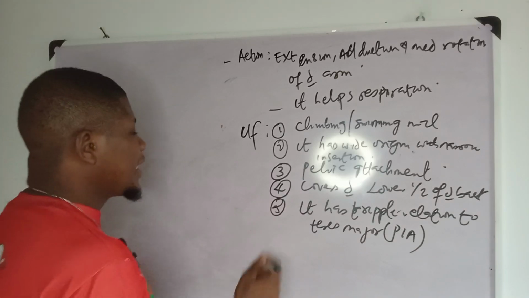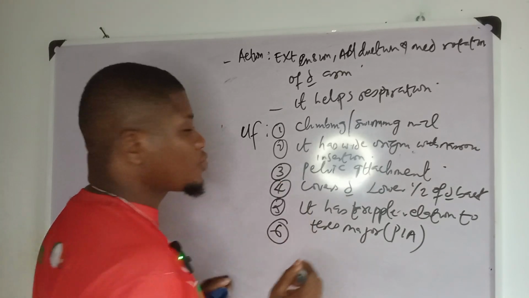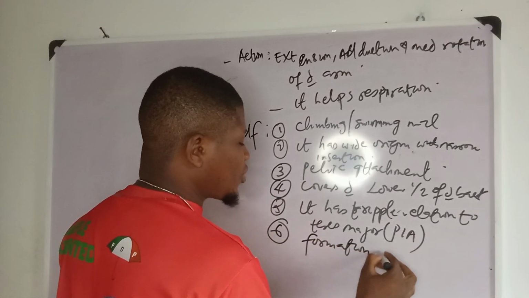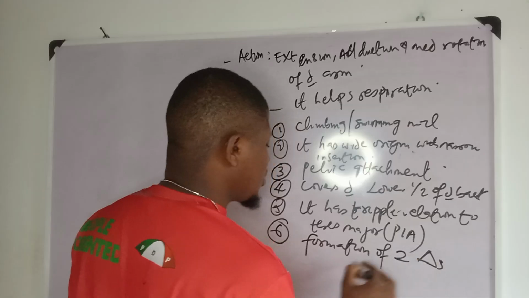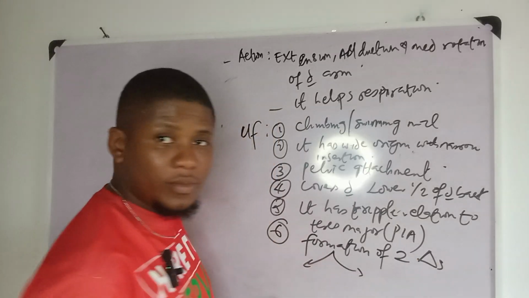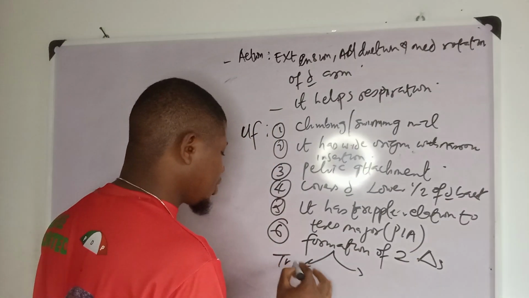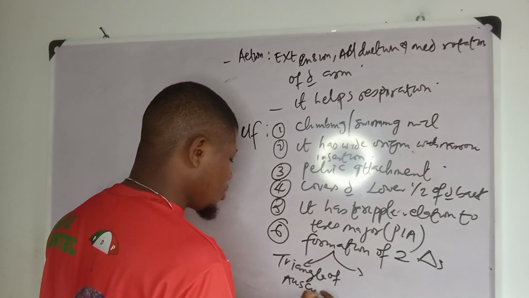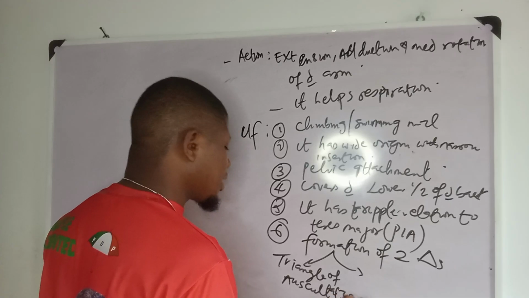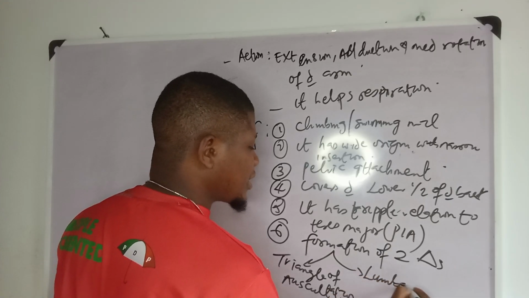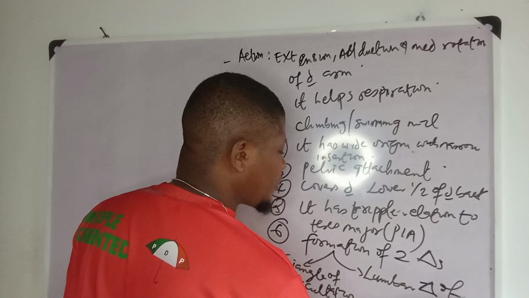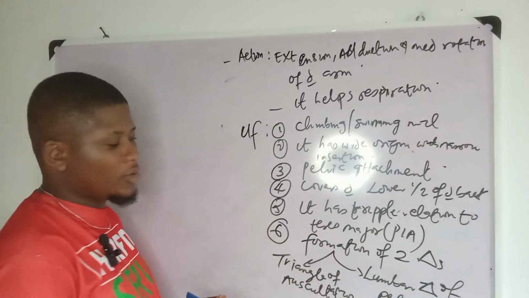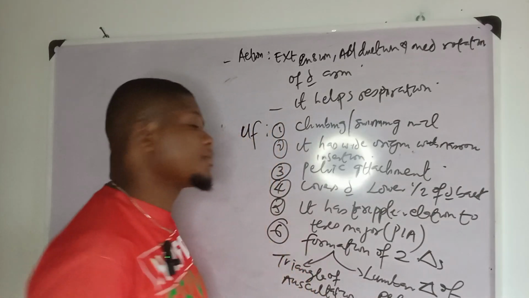Then the last one is that this muscle participates in the formation of two triangles. So what are the two triangles? The triangle of auscultation, and the second one is the lumbar triangle of Petit.